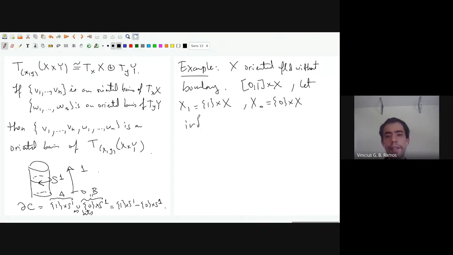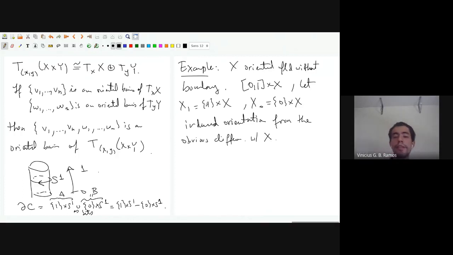So these have induced orientations from the obvious diffeomorphisms with X, or just from being a product.